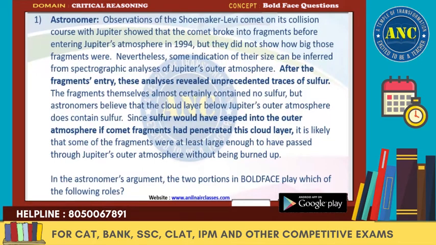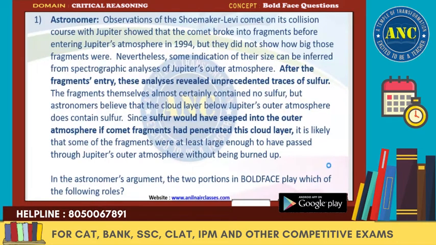In the astronomer's argument, the two portions in boldface play which of the following roles? Now, what can be said from this paragraph? That it is likely that some of the fragments were at least large enough to have passed through Jupiter's outer atmosphere without being burned up, and that can give an indication of the size of the fragments. Now, looking at these two bold statements, the first one says, after the fragment's entry, these analyses revealed unprecedented traces of sulfur.